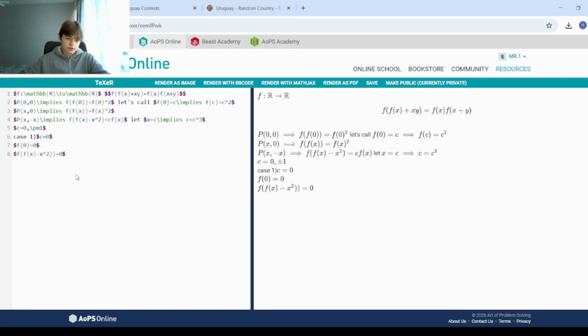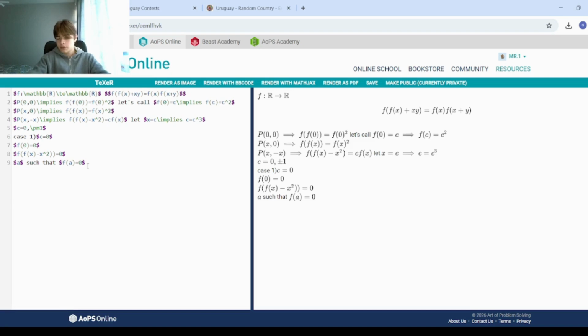Okay, and so we have infinitely many, or at least one a such that f(a) is equal to 0.